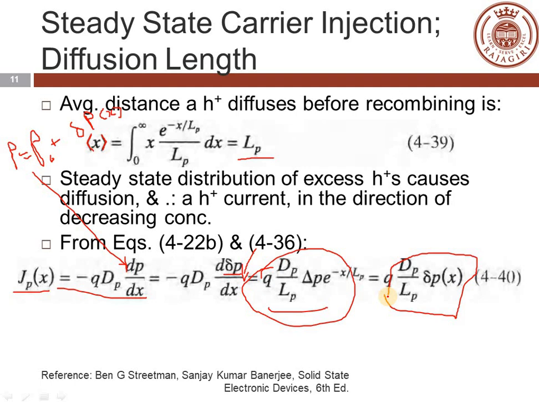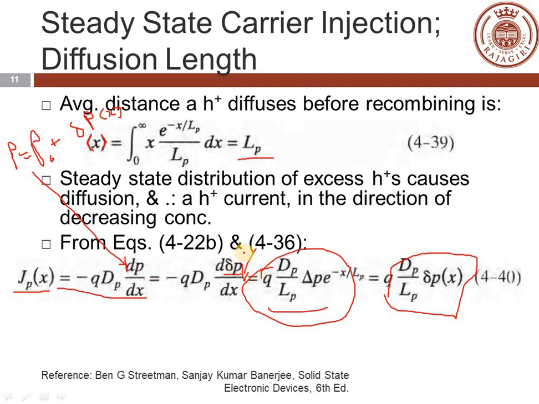So once again I am repeating. We have the diffusion current equation Jp of x equal to minus q into Dp into d by dx of p. So into that p, the whole concentration, we can substitute p0 plus small delta p of x. As p0 is constant, our equation will become minus q into Dp into d by dx of delta p of x.